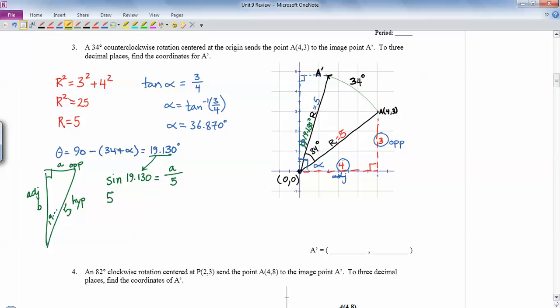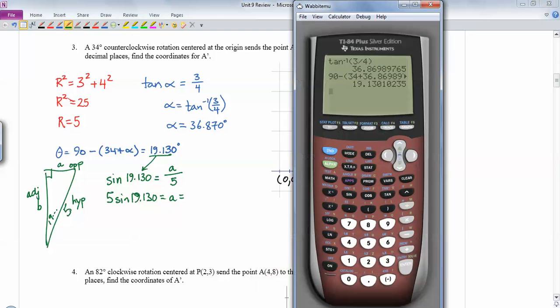And then if I multiply the 5 over, equals A. Then let's see, that's 5 times sine of the previous angle right there. And we get 1.639 when you round it.